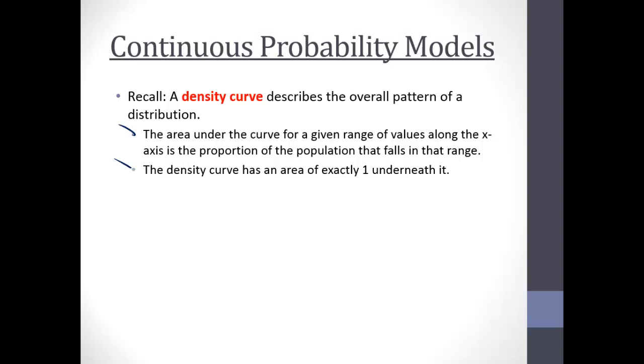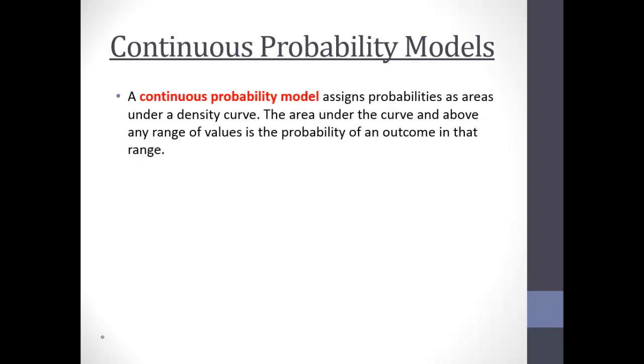So kind of think about the normal distribution here. That's kind of our classic example of a density curve. If we wanted the proportion of observations that fell between some range, then we found the area under the curve between that range. That's the idea that we're working with again here. And so there's the density curve, and a continuous probability model is kind of the same thing.